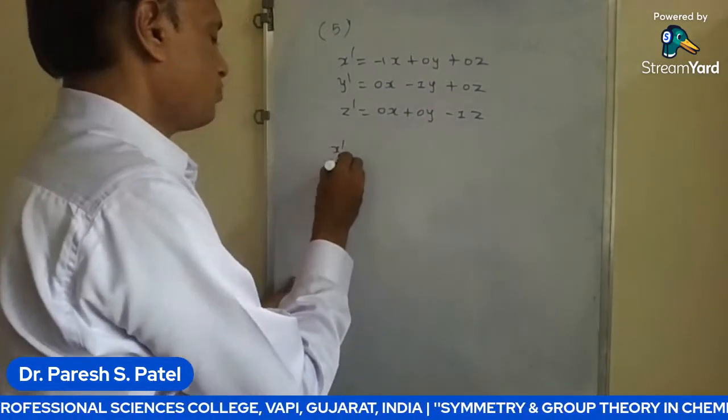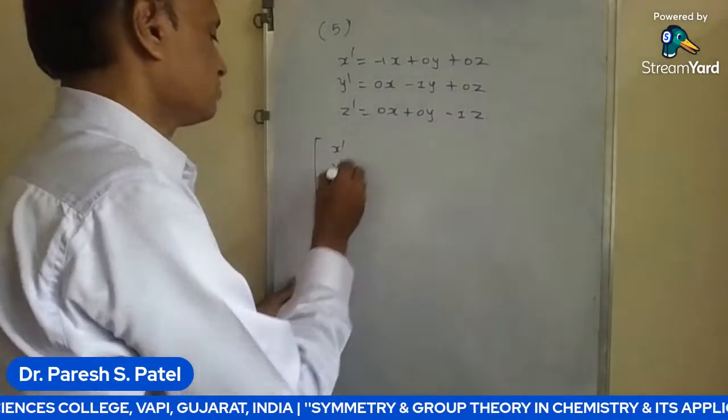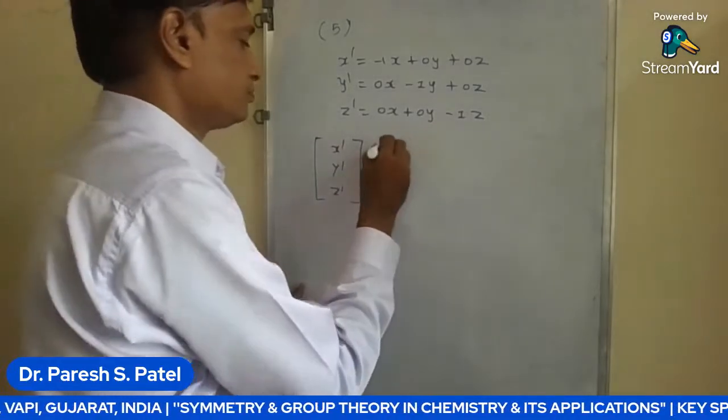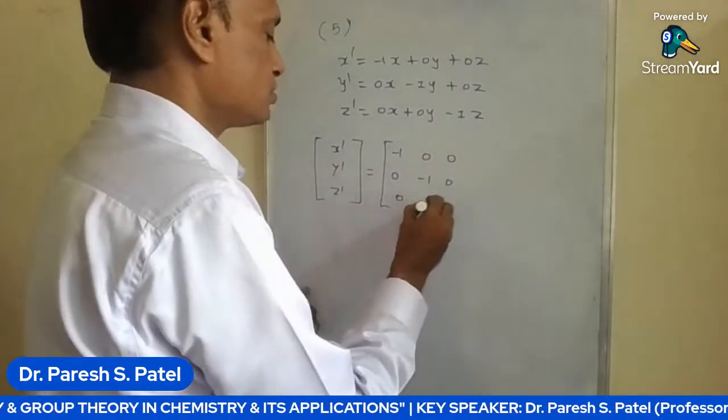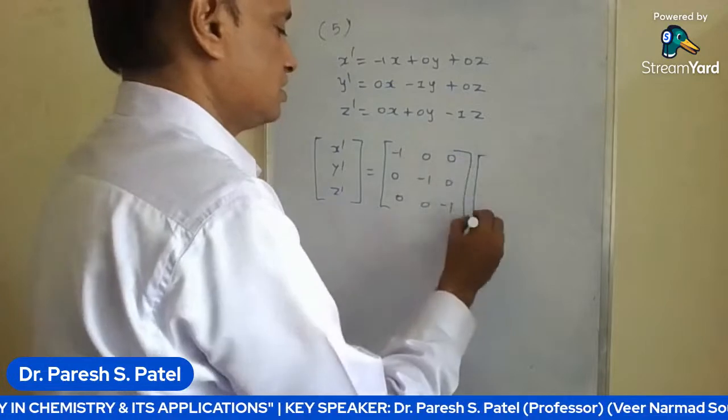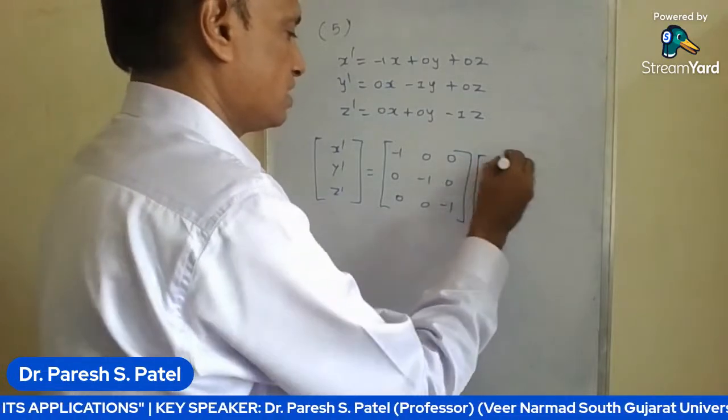So x', y', z' is equal to the matrix minus 1 0 0, 0 minus 1 0, 0 0 minus 1 times x, y, and z.